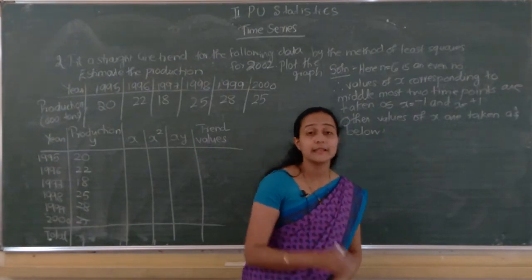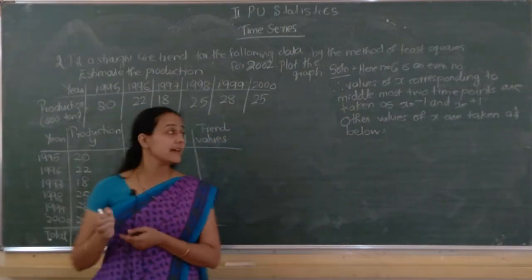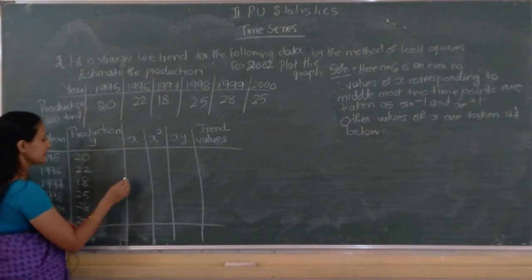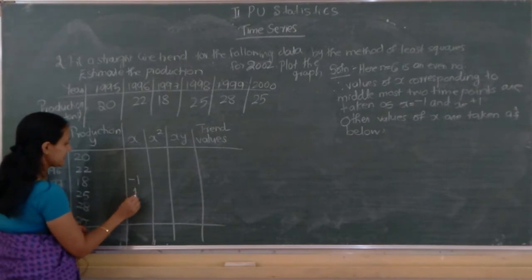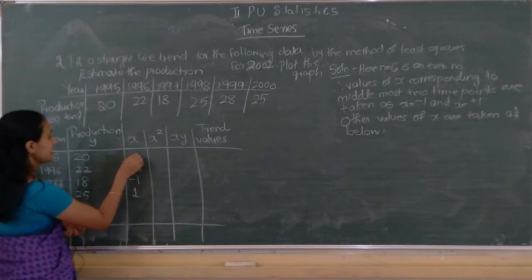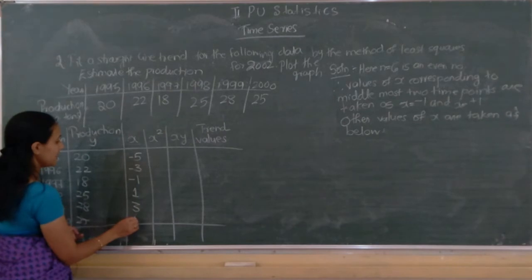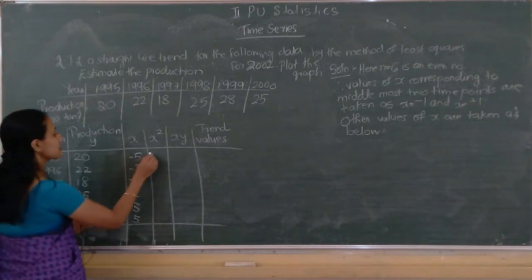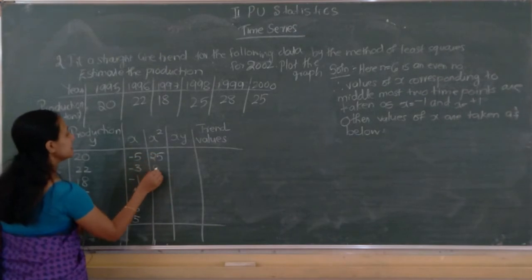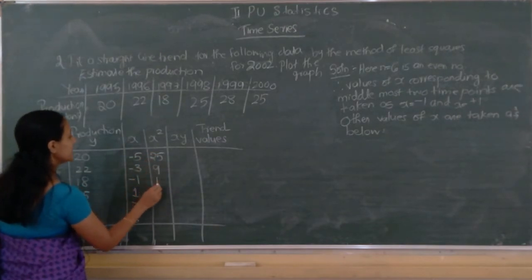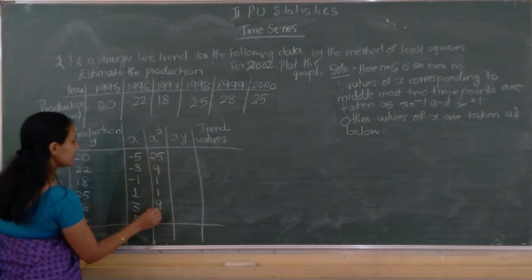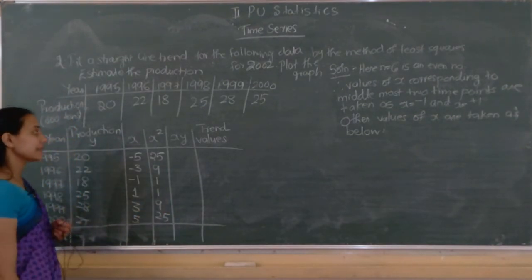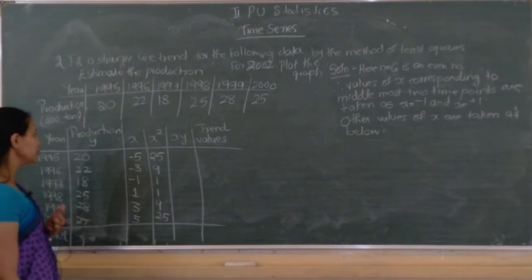Okay, next what I have to do? Next x value. For the middlemost 2 time points, it is -1 and +1. Here it is -3, -5, 1, 3, 5. X square: -5 square is 25, 3 3s are 9, 1 1s are 1, 1 3s are 9 (-1, 1), 5 5s are 25. Correct na? Last column x into y.